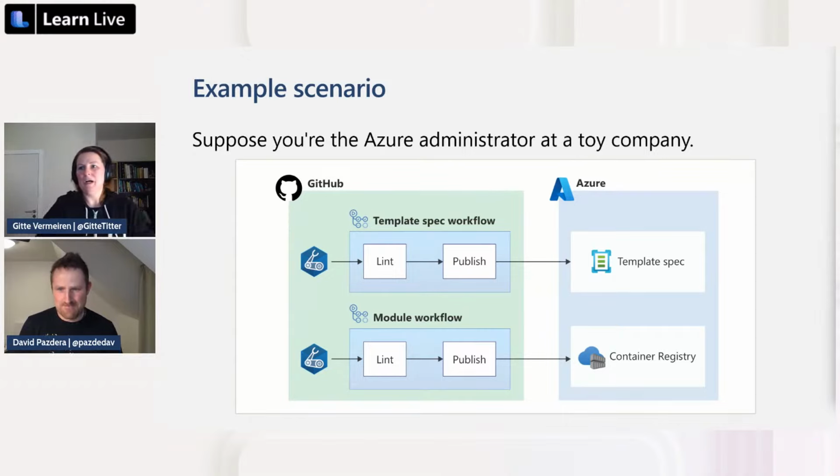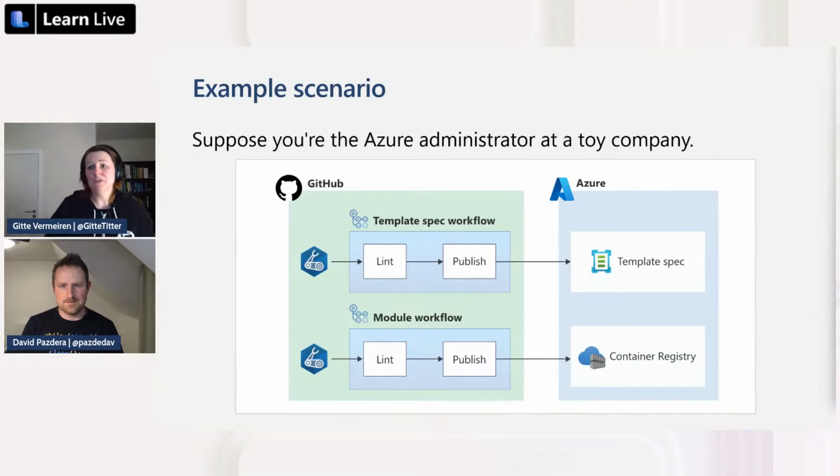So you've got a new cloud governance approach, and you want to make sure that all, or a lot, of the deployments you do follow good practices for security and reliability inside your templates. To make this easier for your colleagues, you've created a set of security hardened Bicep files, both as template specs and as modules.